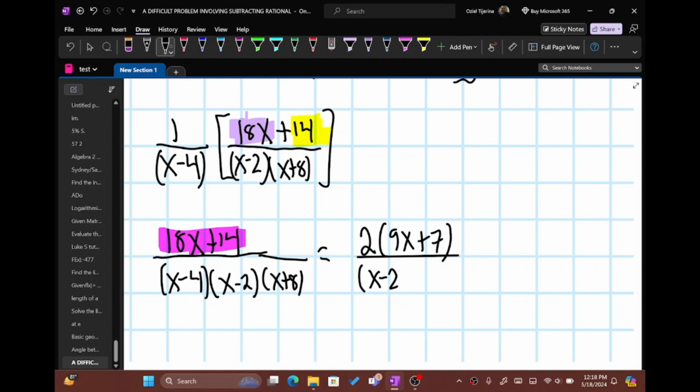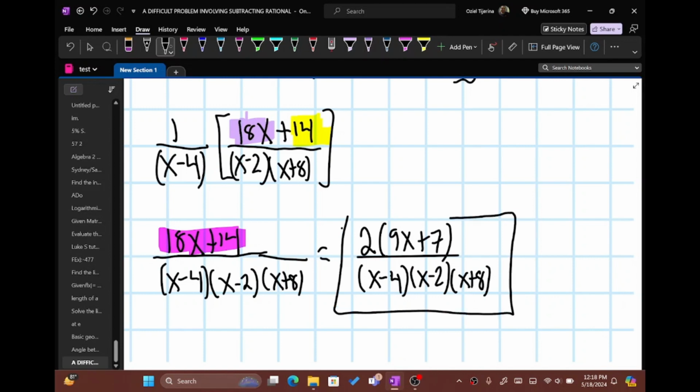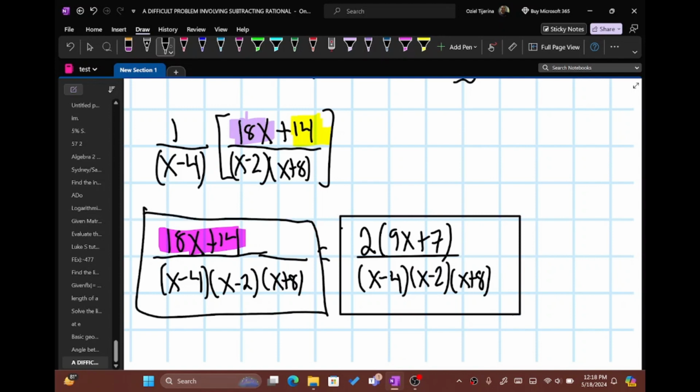And it doesn't matter what order you go in for the bottom. It doesn't matter if you do x plus 8 first times x minus 2. This would be a final answer to this problem, or it can be also this if you want.